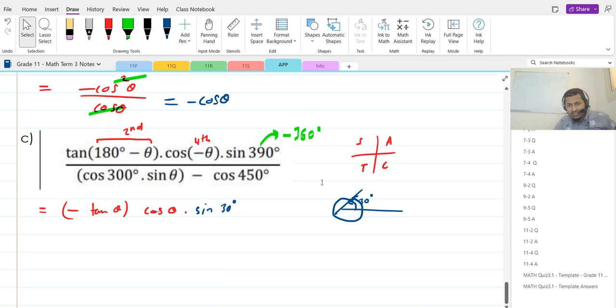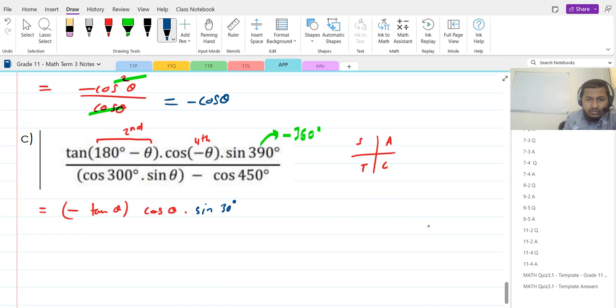Revolution basically means going right around the point. So you can go in the negative direction or positive direction. That's the reason why if the angle is more than 360, we basically take away a revolution. If the angle is less than 360, we add a revolution. Okay. So we have this result already.